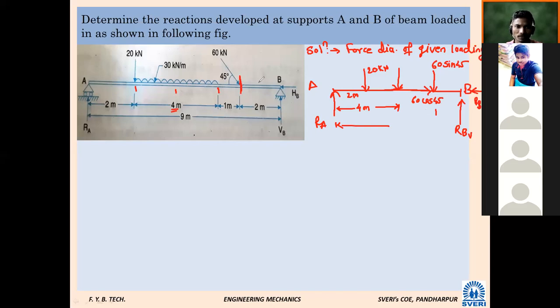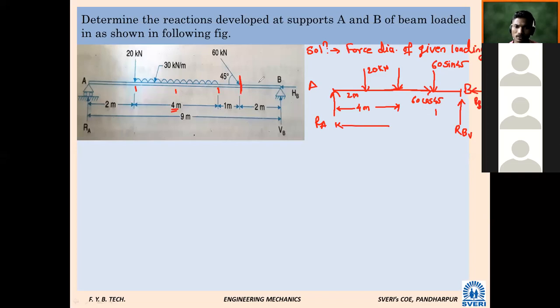Simple question. 7 meters. 7 meter is the distance. 4 plus 2 plus 1. And two components we have resolved here, cos 45 and sin 45. Now RB we can simply find.